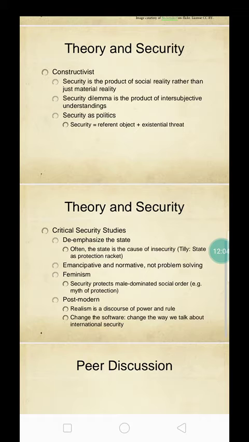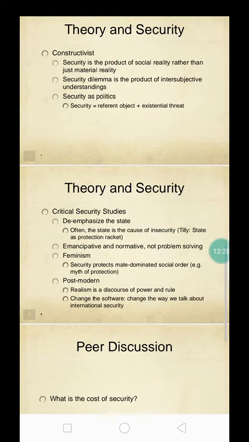CSS, or critical security studies, followed the end of the Cold War. A range of disruptive approaches emerged which attempted to challenge traditional accounts of security and originate a move towards a deepening and widening of the definition of security.